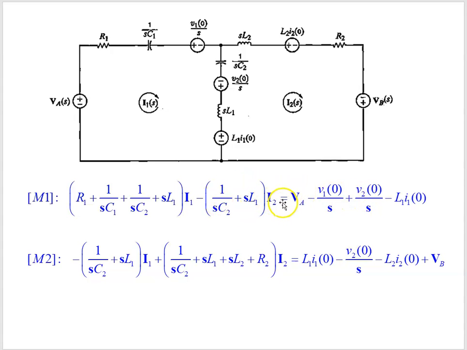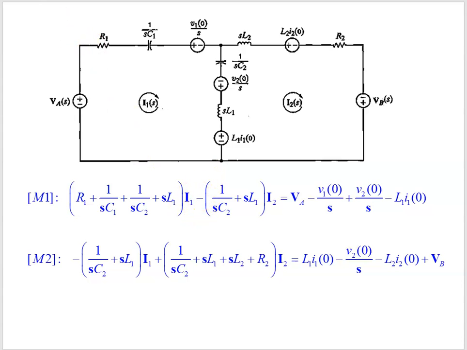We've done this in a couple of steps in the past, but make sure that you understand how to do that. That's for I1, of course, but now what we also have in this shared branch is I2 flowing upward. Our I2 flowing upward in this direction is going to cause the negative reference on our passive components, the inductor and the capacitor, to be on the bottom, so we subtract them.